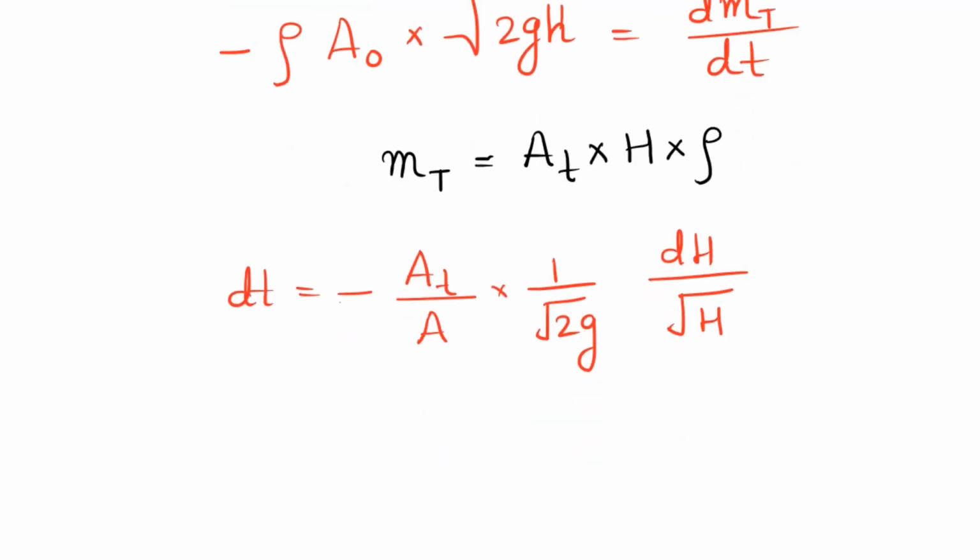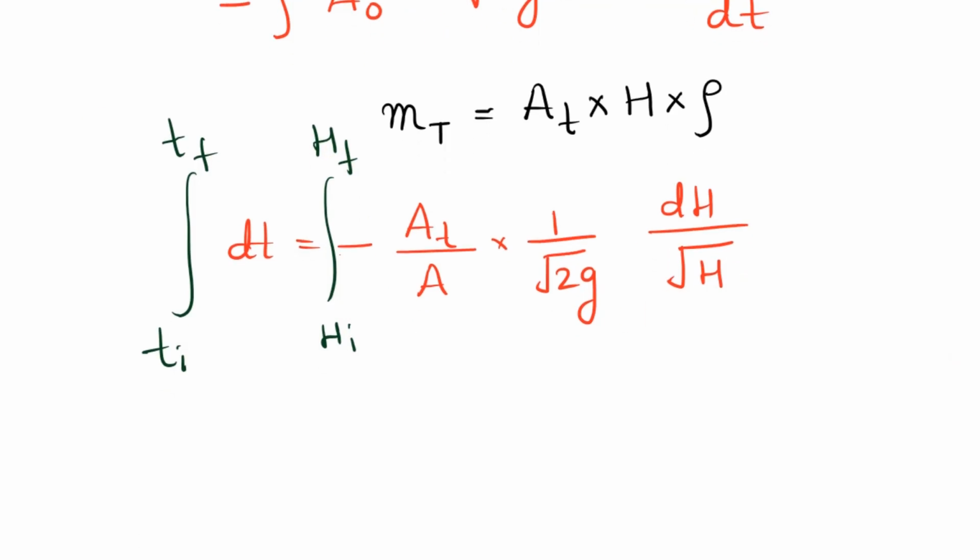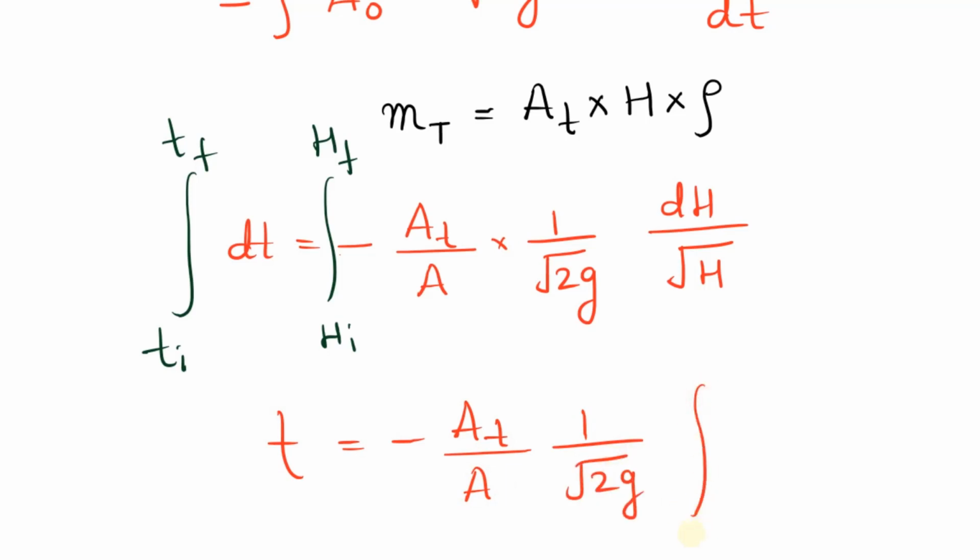If we integrate this equation, we integrate from initial time ti to final time tf, and from initial height hi to final height hf. On the left hand side we have tf minus ti, that is nothing but the time taken, so let's write t for it. Let's write the constant quantities outside, AT upon A0 times 1 by root 2g, and the integral from initial height to final height of dh upon square root of h.